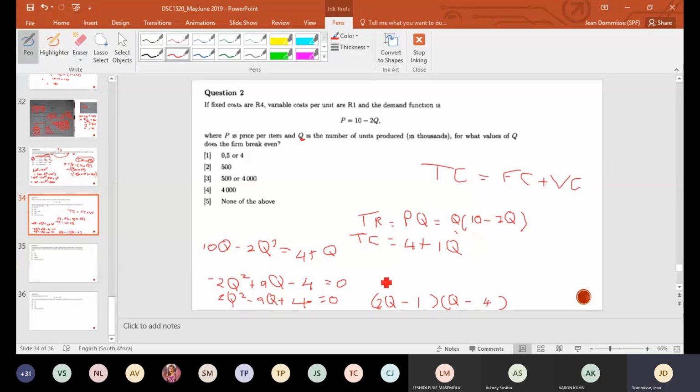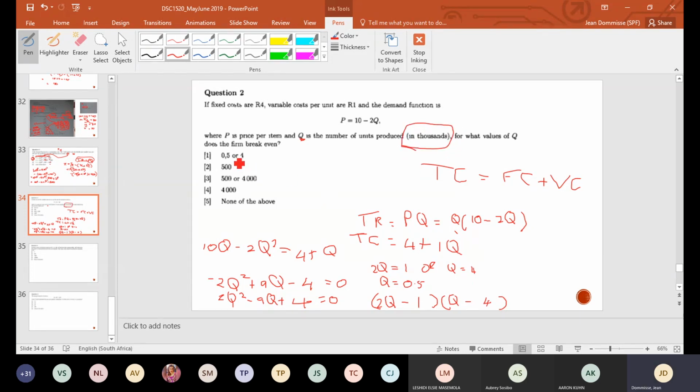So that will be that 2Q is equal to 1 or Q is equal to 4. So Q is equal to 0.5 or 4, but now let's look at the catch again.